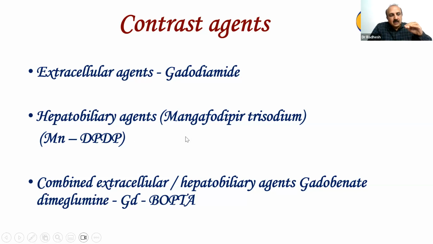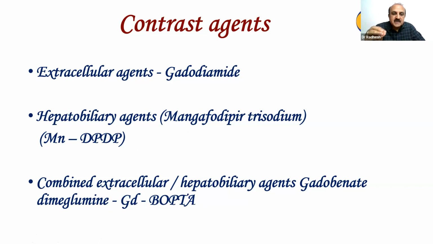We use a combination of extracellular and intracellular or hepatobiliary agent, what is known as gadolinium BOPTA. Gadolinium BOPTA is by Bracco. It is available in India. So for all the hepatic studies, we use gadolinium BOPTA, which has around 15% to 20% excretion by the liver.